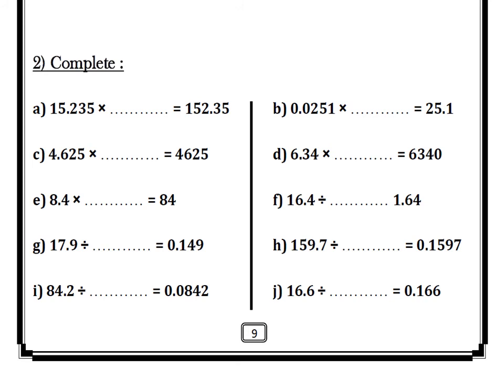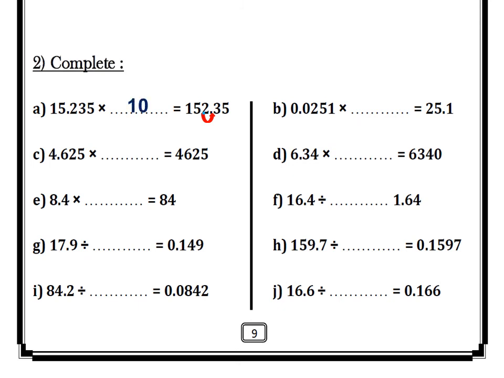Question 2, you are going to complete by the 10 or the 100 or the 1000. A, 15.235 times what gives you 152.35? As you can see, your decimal point was between the 5 and the 2. It moved 1 step forward, so I'm going to multiply it by 10.